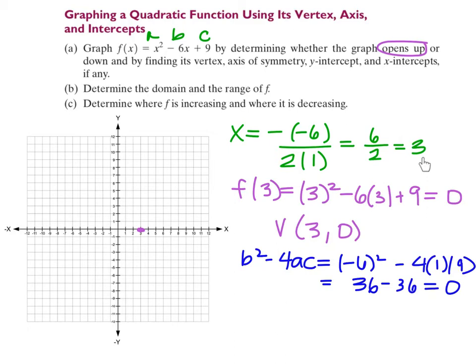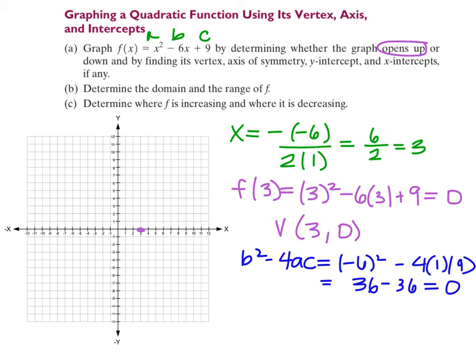And I plugged 3 into my function to find the y value of my vertex, and that gives me 3, 0, which when I plot it is right here, which is interesting. So we know that that's going to be the vertex, and it's going to open up, so it's going to create the discriminant is equal to 0 situation. So we have one real x-intercept. We actually happen to find the vertex and the x-intercept at the same time.